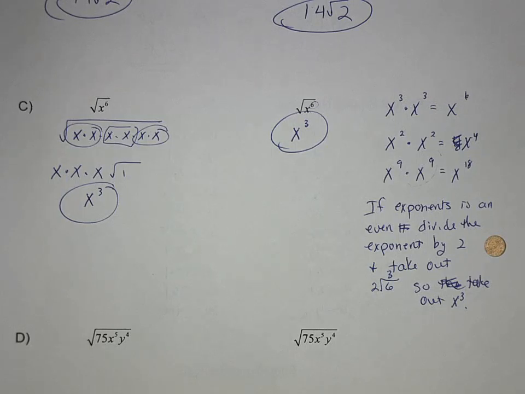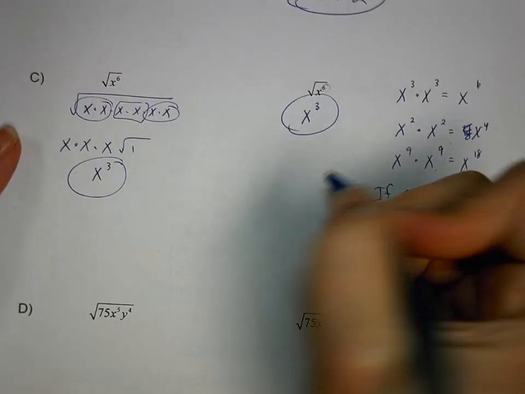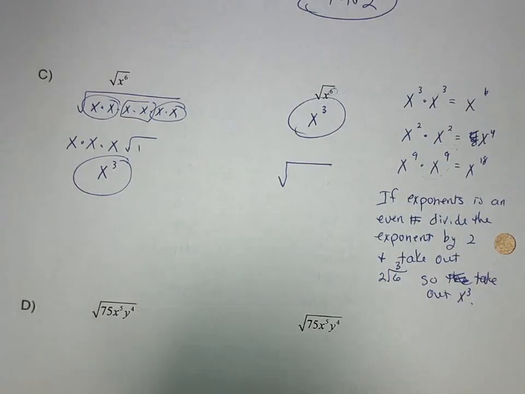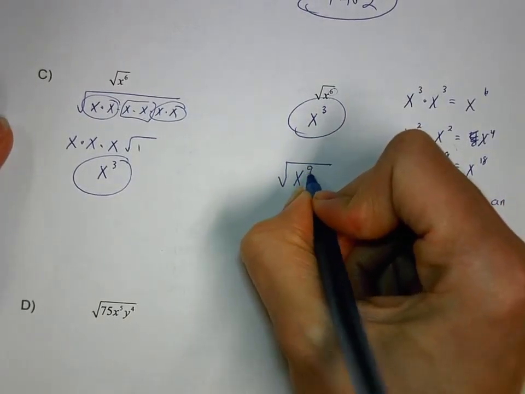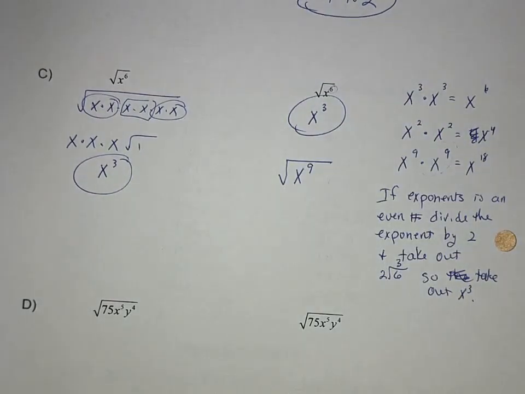All right, now here's my question. What happens if I have an odd exponent? Let's call this another example. Let's take the square root of x to the 9th. If I have x to the 9th, that's not a perfect square number, because is it an even exponent?